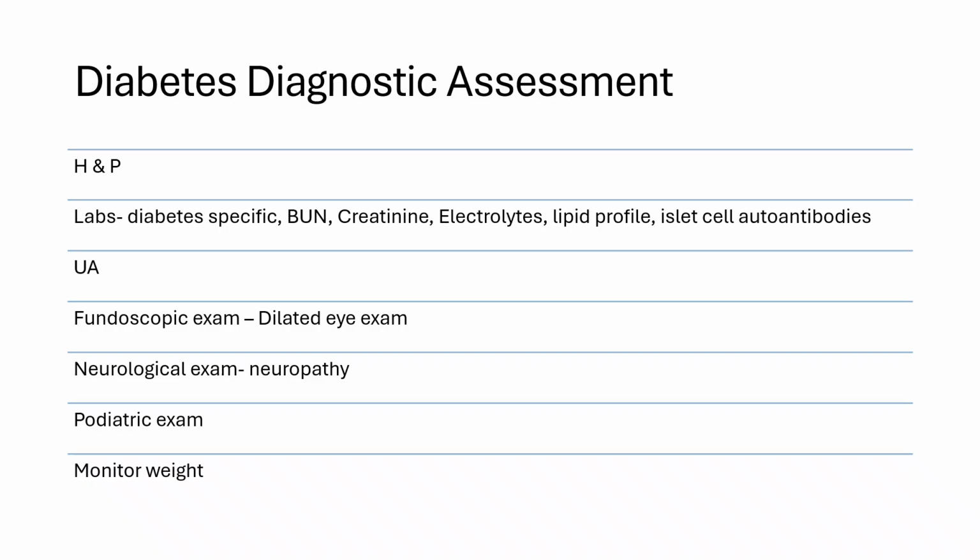So when we look at the diagnostic assessment, of course, we're always going to ask about the H&P, right? Do they have a family history of it? Do they have a mother, a father, sister, brother, anything like that that has diabetes?